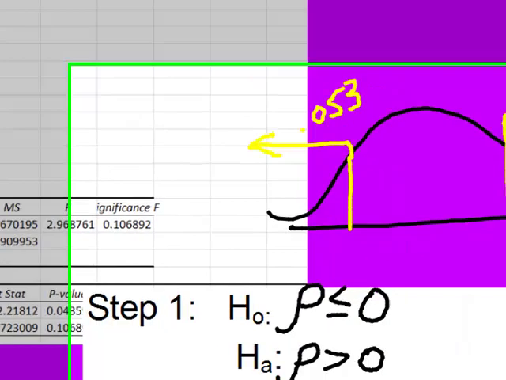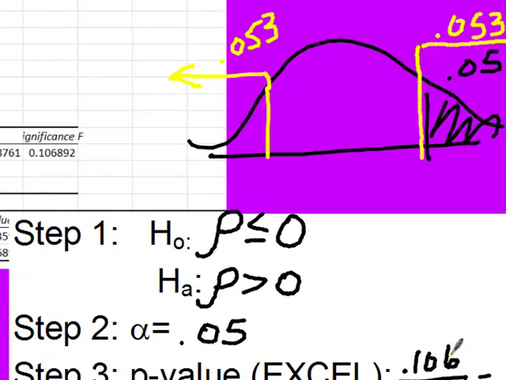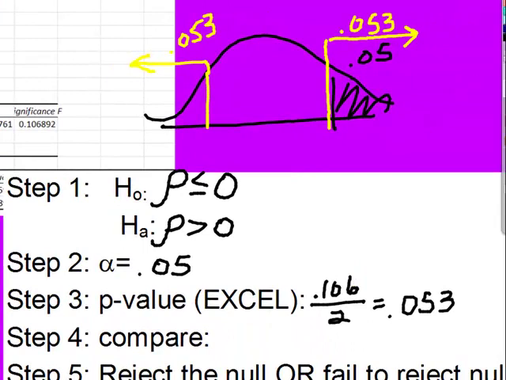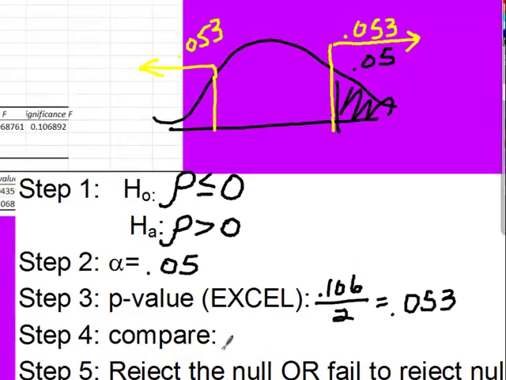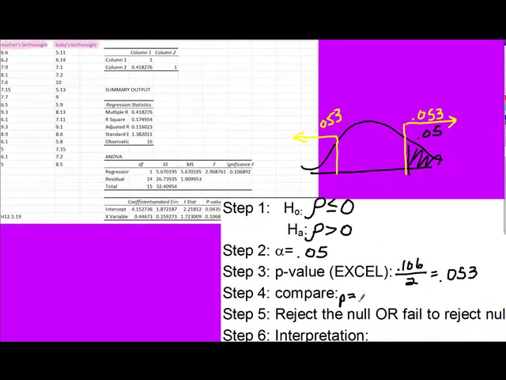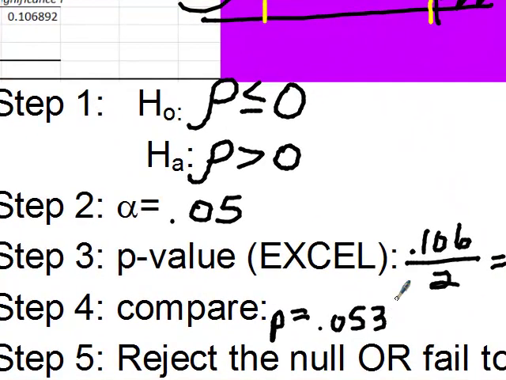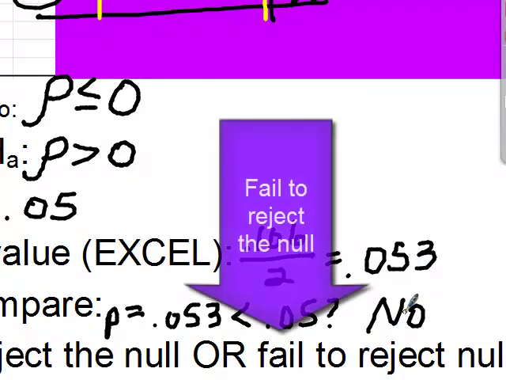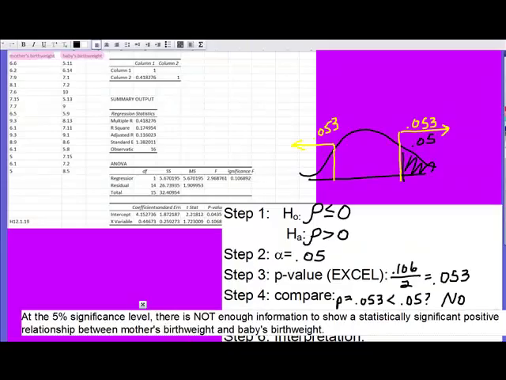Because those two added together give me that 10%. So when I compare them, I will take my p-value, which was 0.053, and ask, is it less than alpha, which is 0.05? And I would say, no, that's not true. I cannot say I'm right about the relationship between the mother's birth weight and the baby's birth weight.